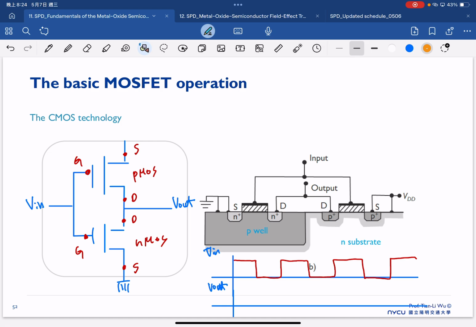So input high means the input is 1, and then we will have the output as low, which is a 0.